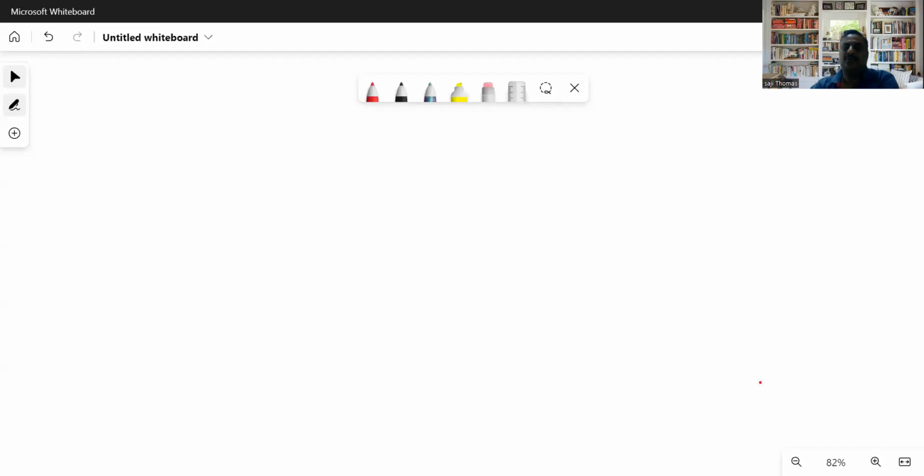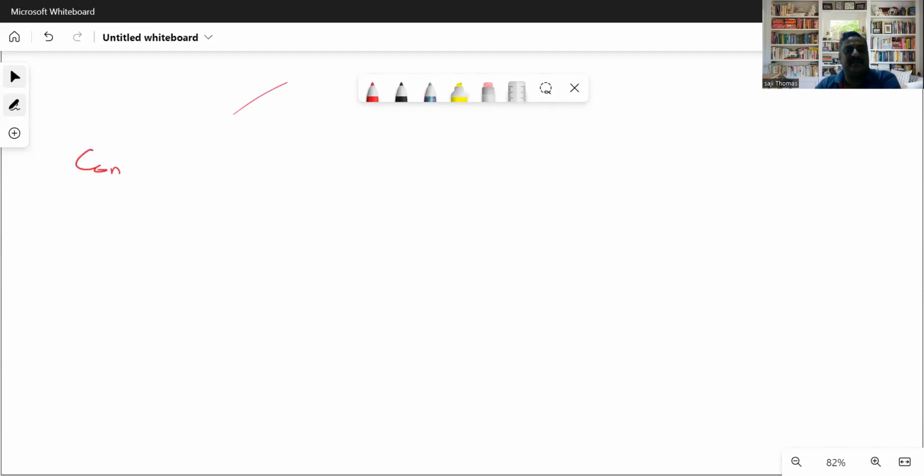Conversion of a moving coil galvanometer into an ammeter.